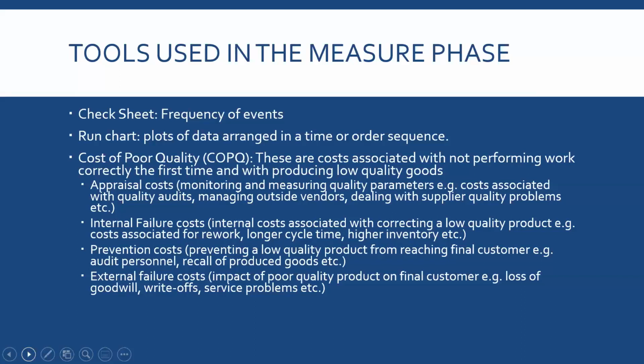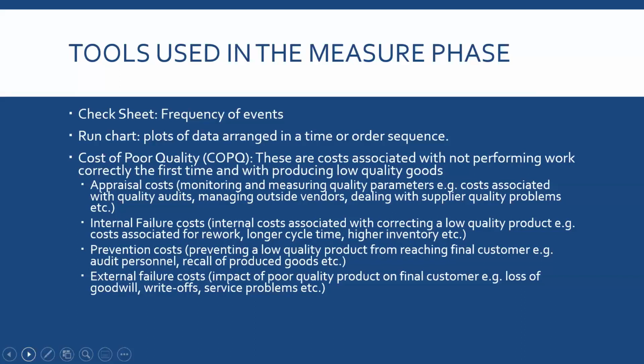External failure costs are also important, but these are related to the cost outside of your organization, such as the poor quality of products on the final customer. These include loss of goodwill, write-offs, service problems, and warranties.